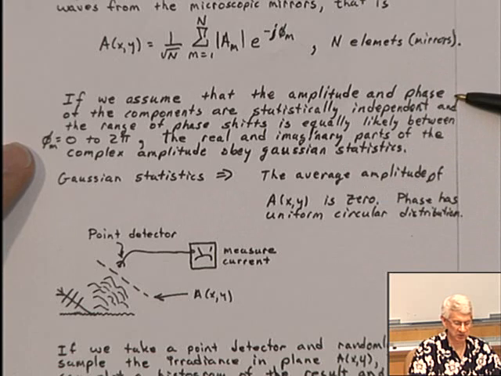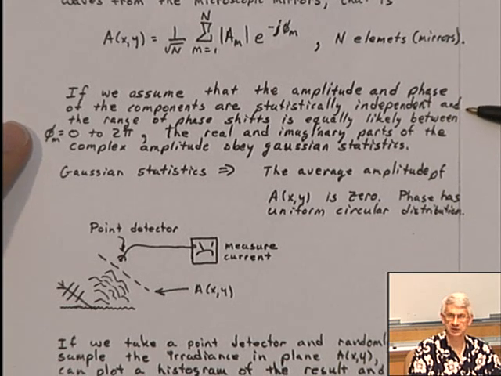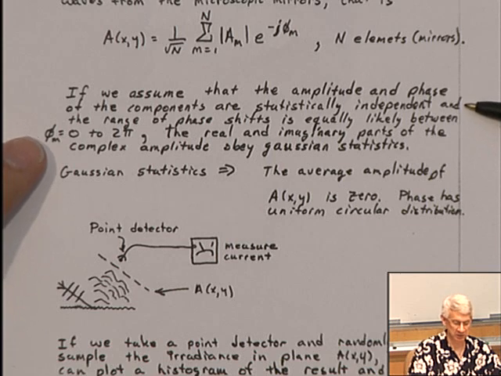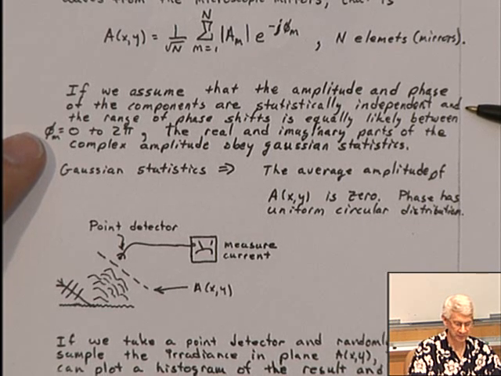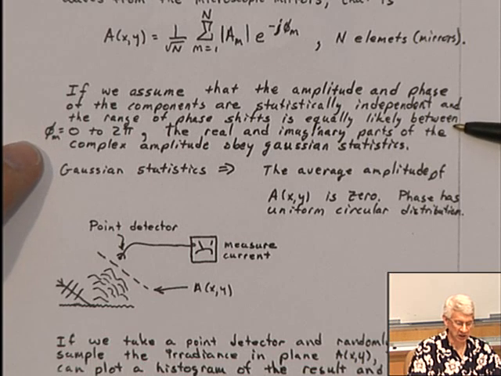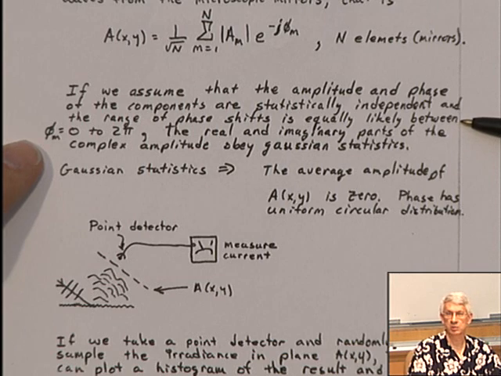Now, we're going to assume that the amplitude and phase of those components are statistically independent, little independent radiators. They're coherent, but the phase is independent. And the range of phase shifts of each of those wavelets goes between 0 and 2 pi. It can be anywhere within 0 and 2 pi uniformly.